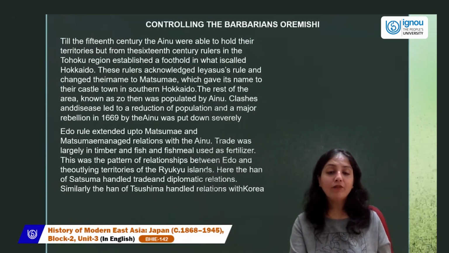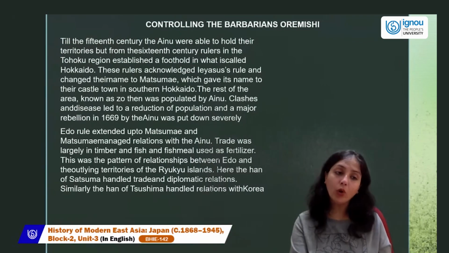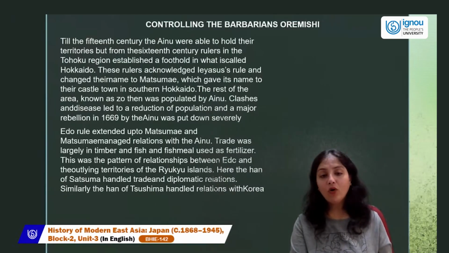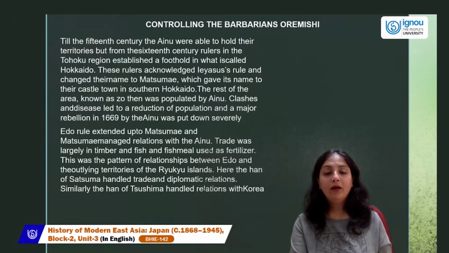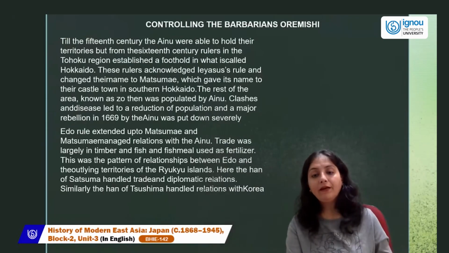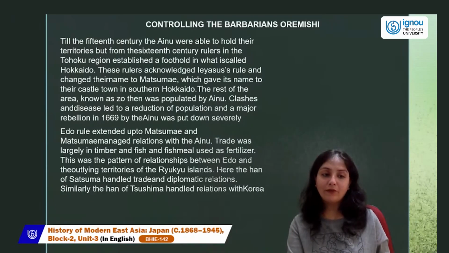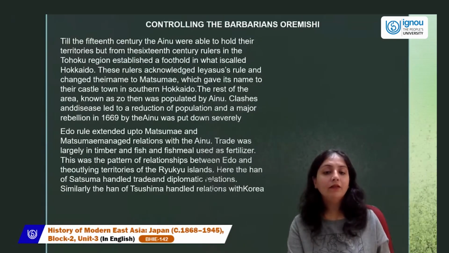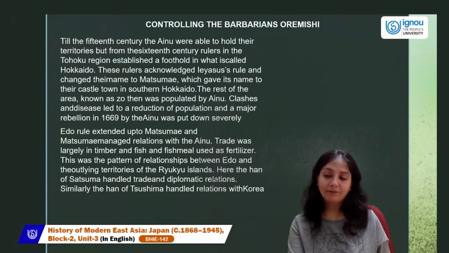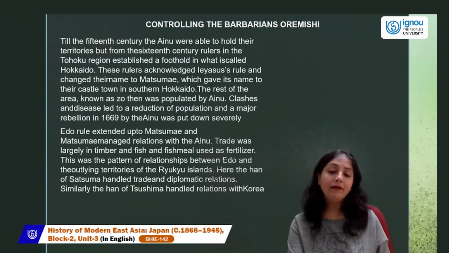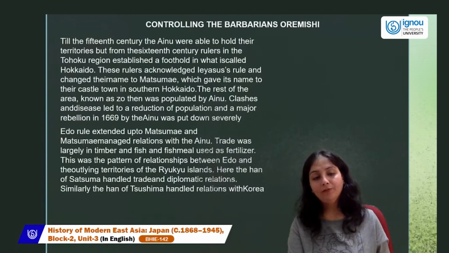This was a pattern of relationships between Edo and the outlying territories such as the Ryukyu Islands. Here, the Han of Satsuma handled trade and diplomatic relations. Similarly, the Han of Tsushima handled relations with Korea.